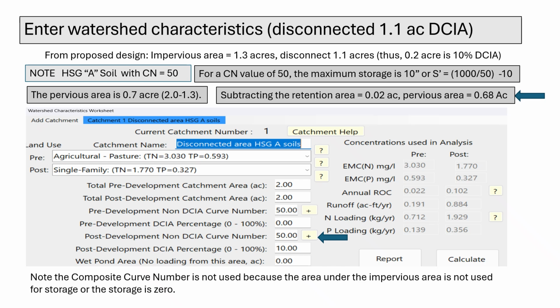That gives us 6.8 minus 2.64 minus 1.63, which equals a storage residual of 2.53 acre inches. Since that value is positive, storage is not exceeded, and disconnecting the 1.1 acres of impervious area is a viable approach with sufficient soil storage capacity to manage the redirected runoff.